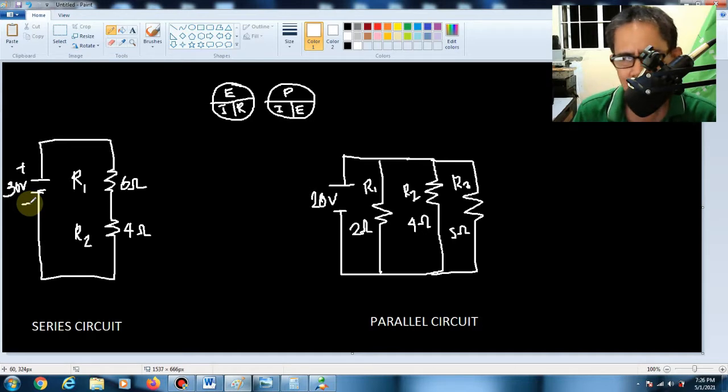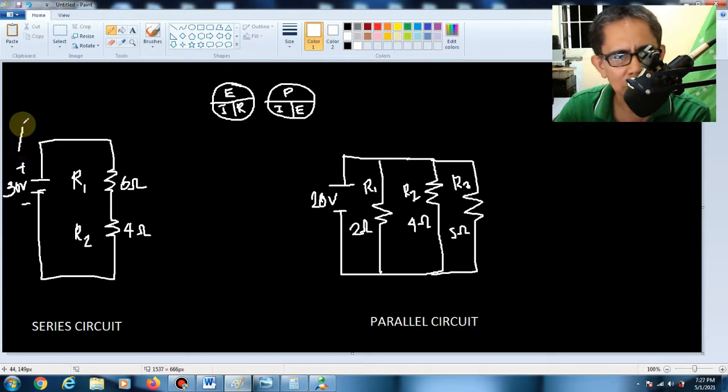Pag sinabi natin conventional current, it flows from positive to negative. Ibig sabihin yan, conventional flow of current represents the flow of positive charges. Pero yung electron, it is the flow in the opposite direction. Ibig sabihin, from negative to positive.